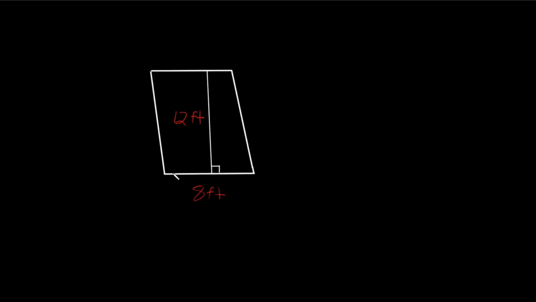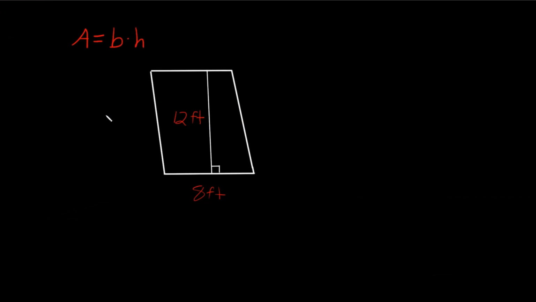And now we can take a look at this example to help us see how to find the area of a parallelogram. So here in this example, the height is 12 feet and the base length is 8 feet. So we already know the formula because of the examples, because you can imagine we could take this section right here and put it at the end, and this would create a rectangle. So we're just going to use the formula we were given earlier, which is the area of a parallelogram is just equal to the base times the height.